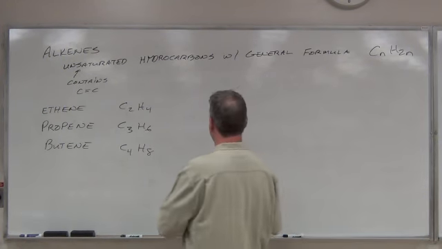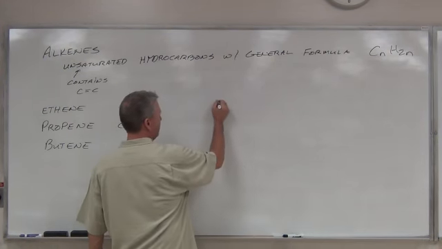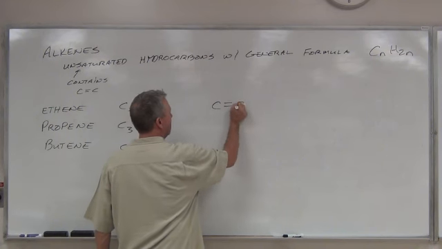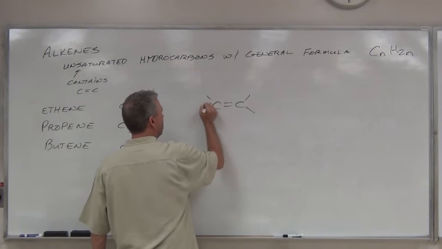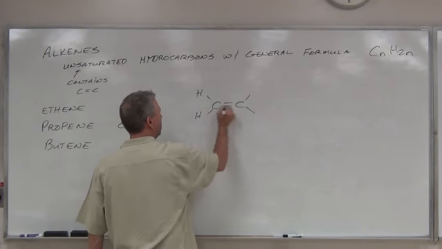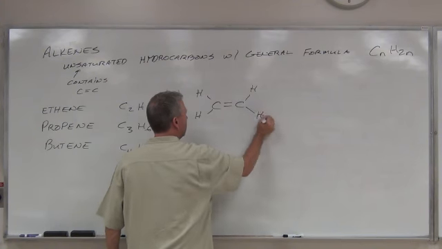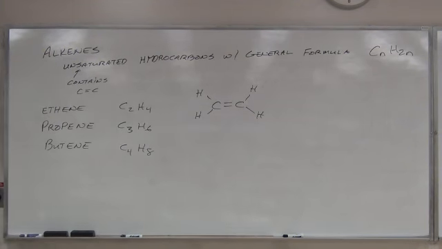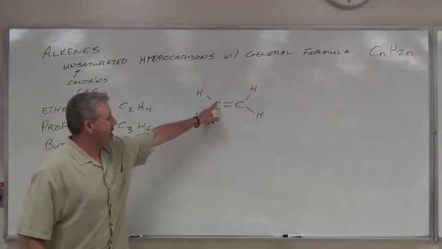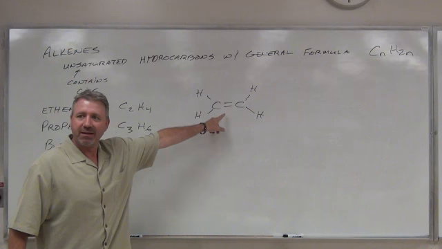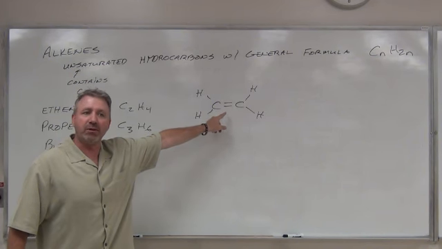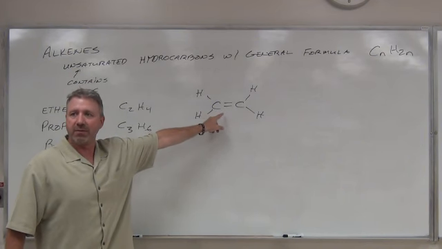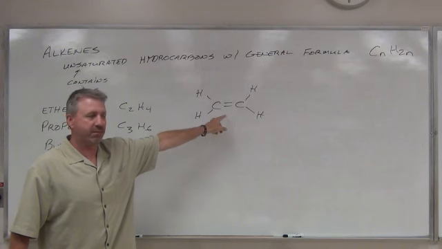So when we look at the structural formula for ethene, the first member, notice my geometry's changed a little bit because the geometry around the double bond is different than the geometry around carbon-carbon single bonds.